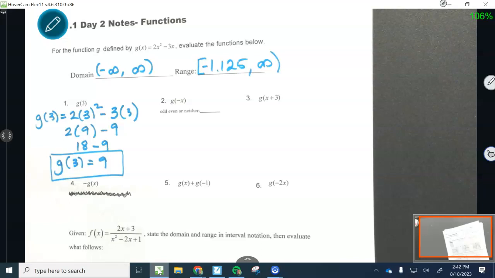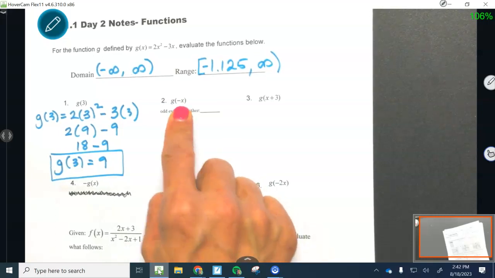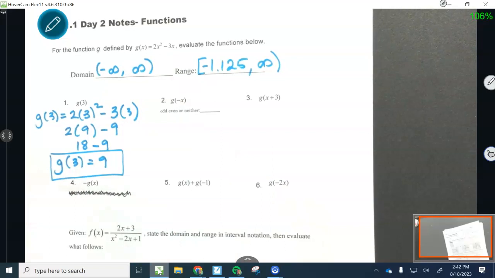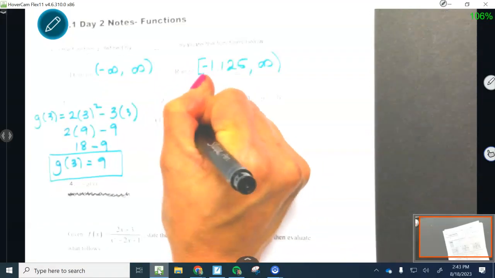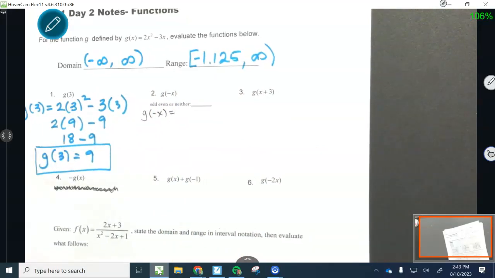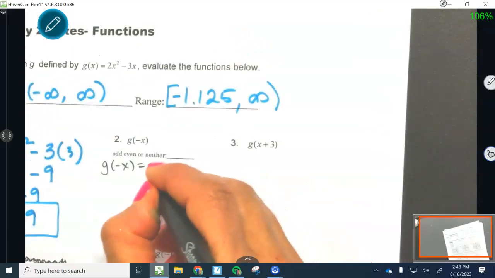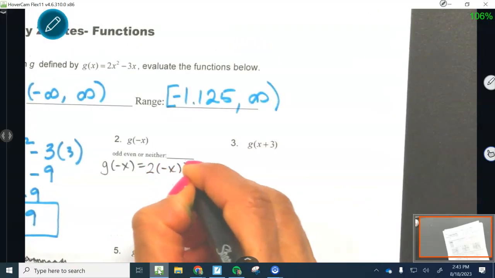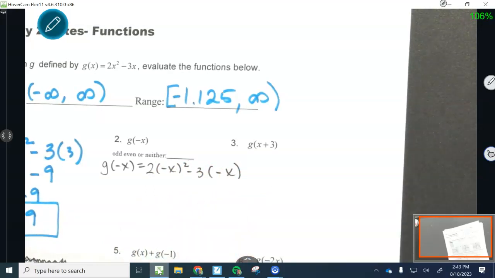For problem 2, we are going to evaluate that function with the opposite input. So let's go ahead and drop in a negative x where we see a positive x. So this is going to be g of negative x, and that is going to equal, I want to make sure you see all this, 2 times negative x squared minus 3 times negative x.